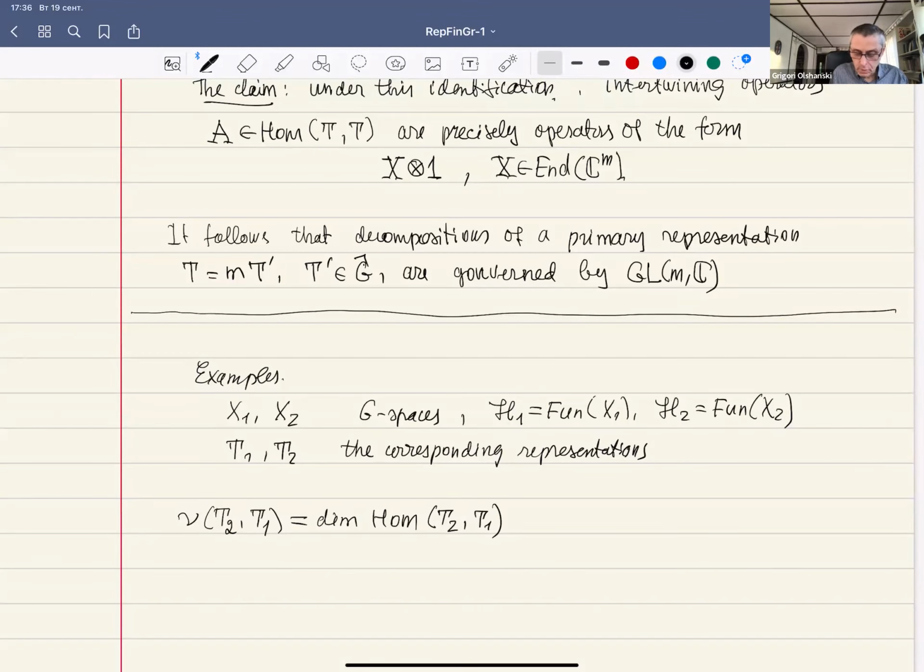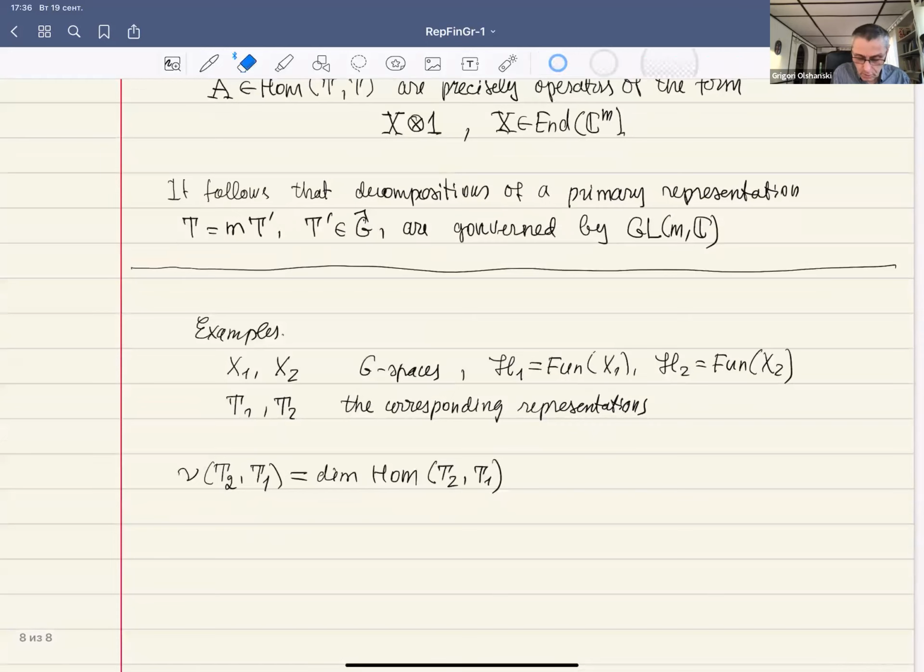And we claim that this quantity can be computed as follows. Take the direct product of our sets, and our group G acts diagonally.